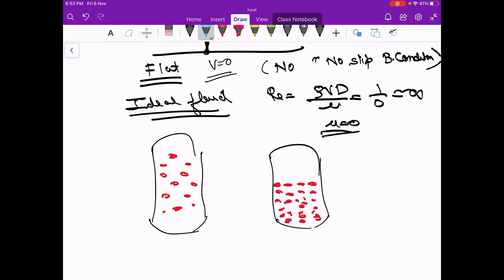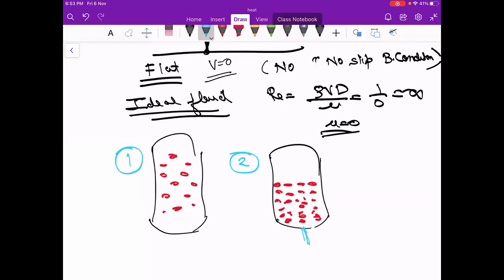Packed bed or fluidized bed? Suppose this is 1, this is 2. Okay, so the answer is the packed bed will behave as a plug flow reactor.